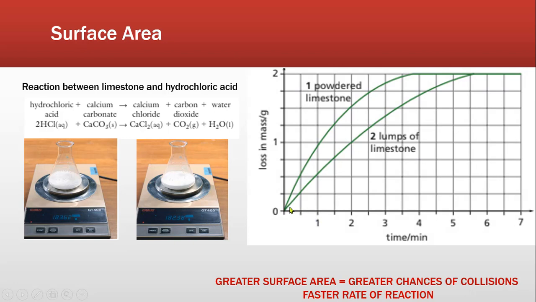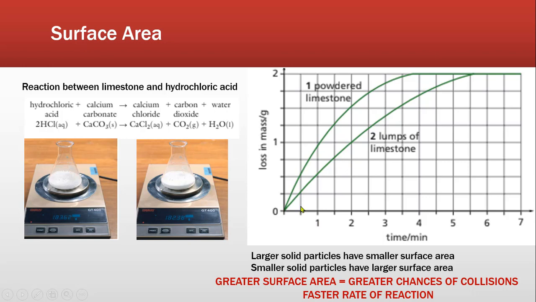And what we noticed is that limestone, when it is in its powdered state, has a faster rate of reaction, whereas the lumps have a slower rate of reaction. The larger solid particles have a smaller surface area, and the smaller solid particles have a larger surface area.